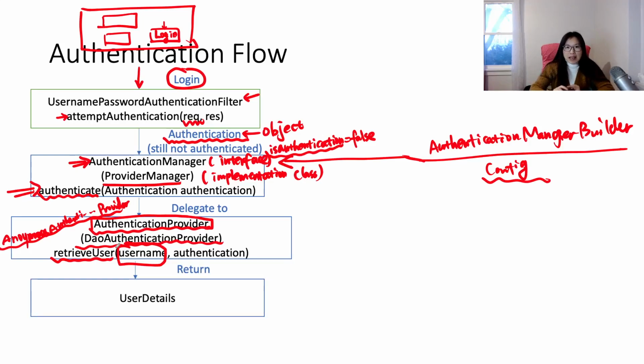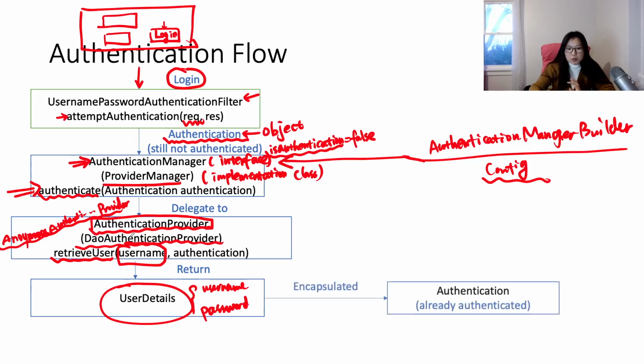Then it will wrap everything in UserDetails. UserDetails will contain everything we grabbed using the username, no matter whether it's in memory or JDBC or database. So this UserDetails will also contain the username and password, supposing we saved them into a database. That's what this DaoAuthenticationProvider gives us. After that, Spring Security will compare this UserDetails with this Authentication object, which was generated here.